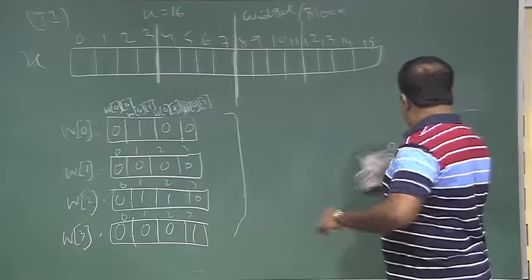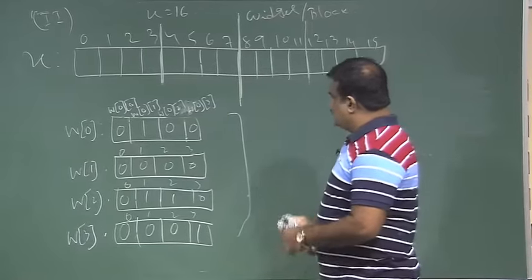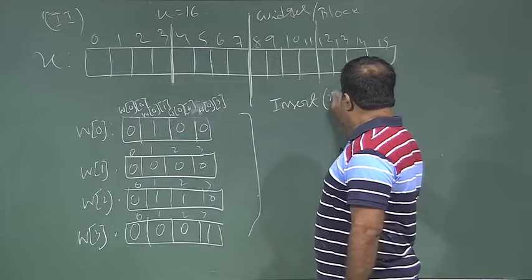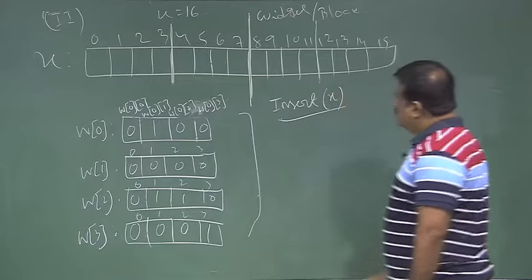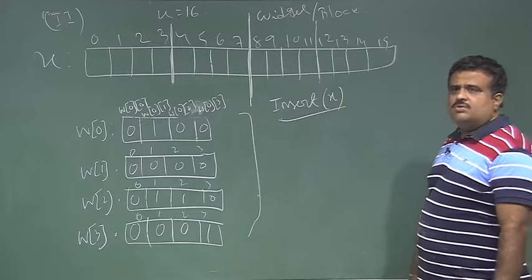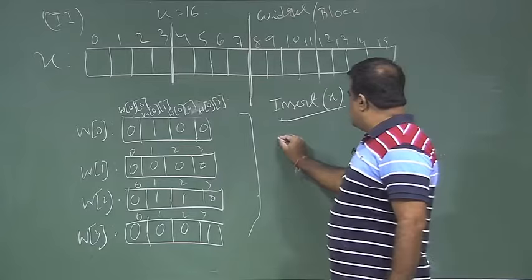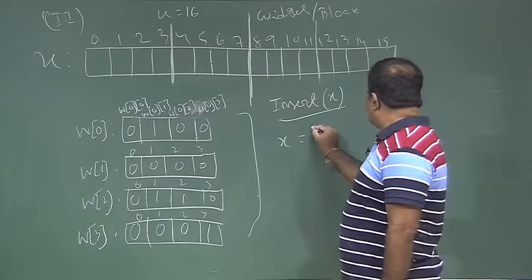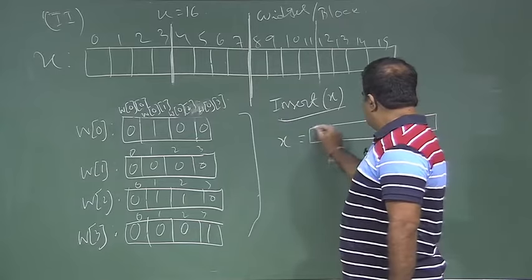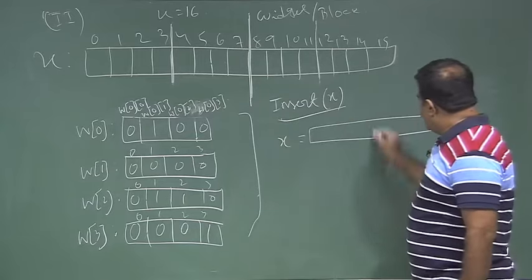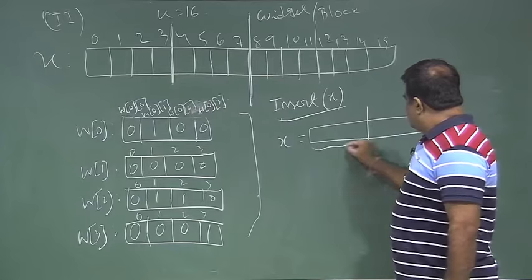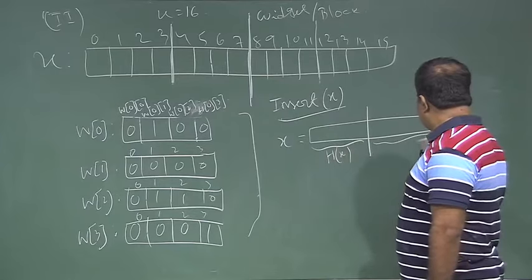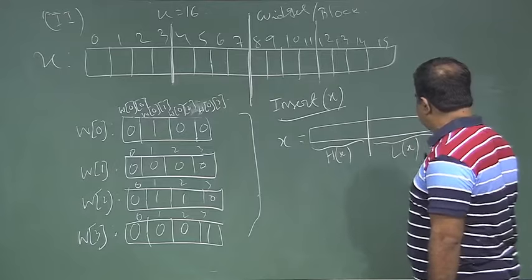So, suppose we want to insert x. What we do? We just convert x into binary and we write x in two parts. It will be of size u bits, and we take this part as high of x and this part as low of x.